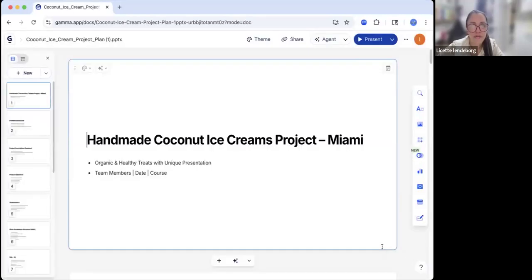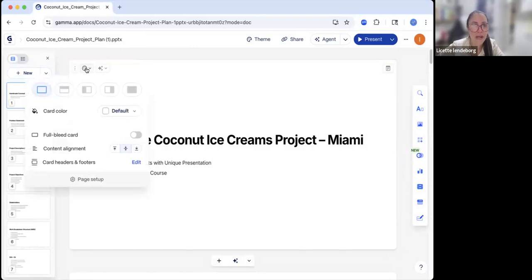So the first version that you will see is absolutely ugly. That is Gamma. Now you can click here, one card at a time. For the first page, I want it like this, plain card color, not right now.